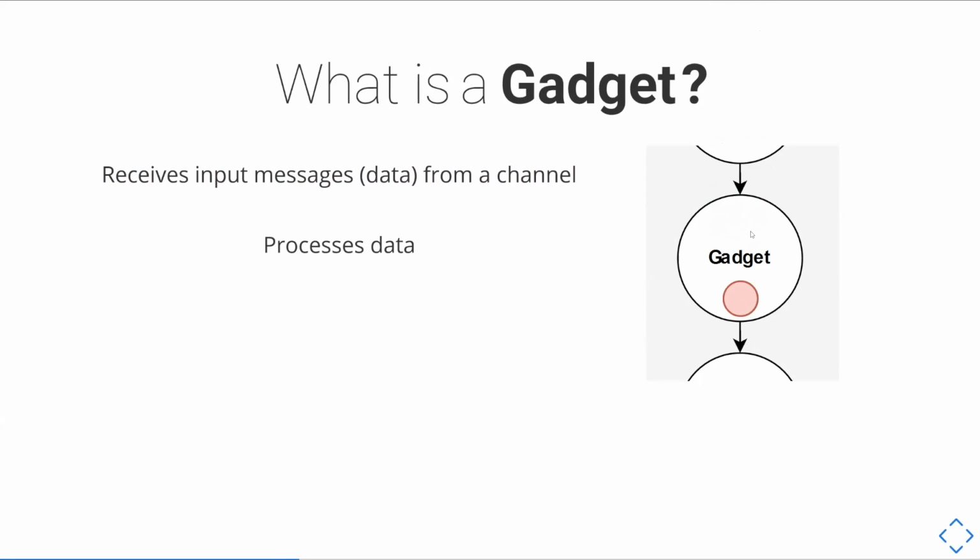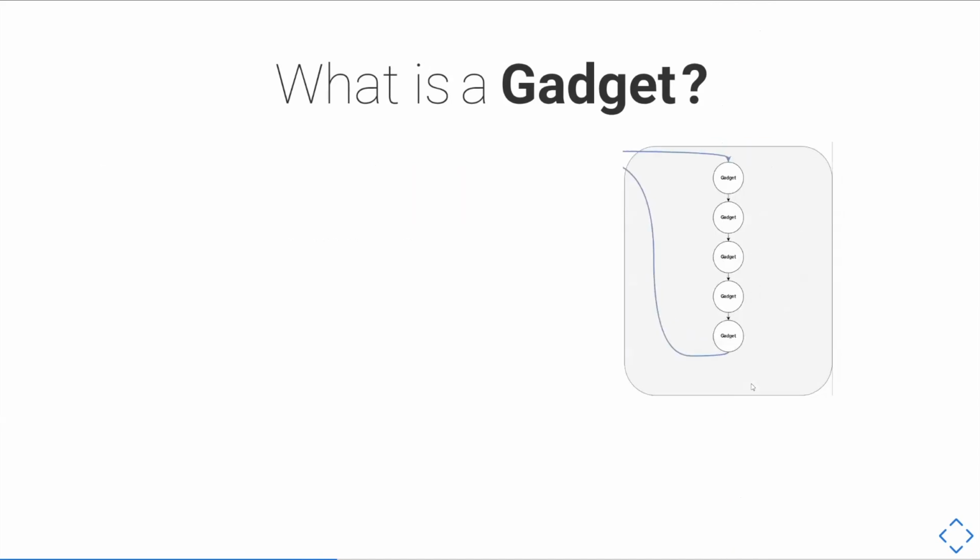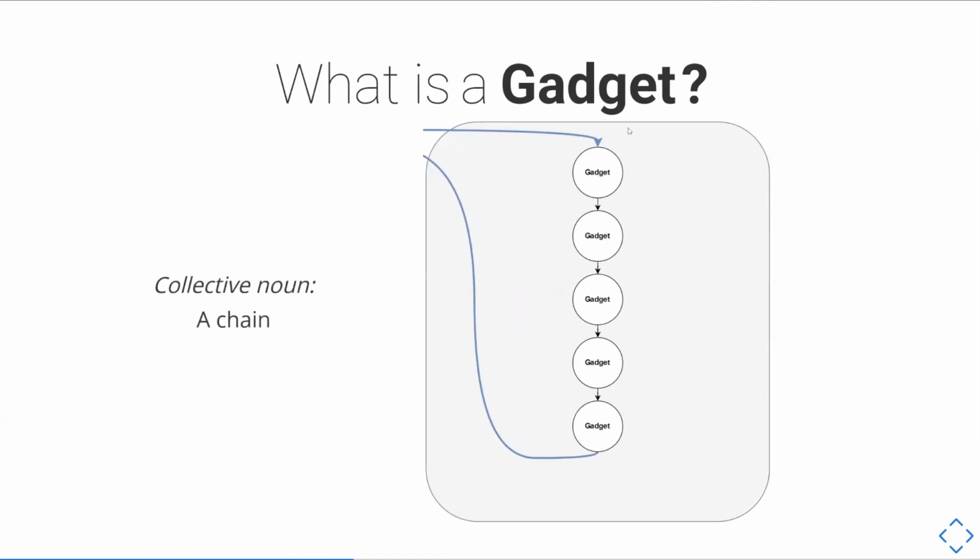Then it processes the data. It might have taken the 3 lines and put them into one combined K-space. And then it sends data on to the next gadget via another channel. You combine these gadgets by chaining them together, one after the other, and they process their data asynchronously, meaning that all the gadgets can be processing data at once.